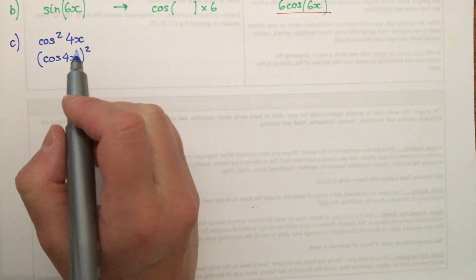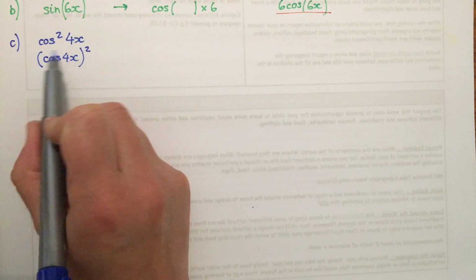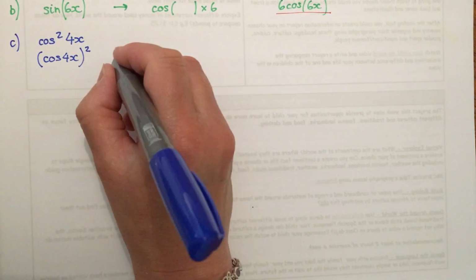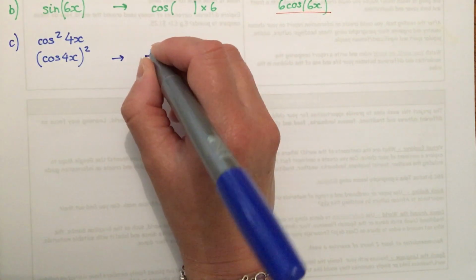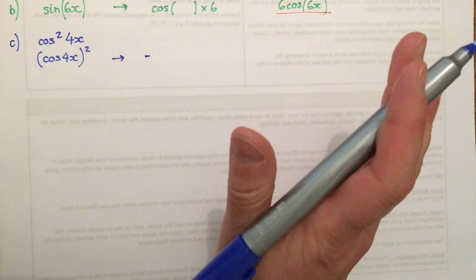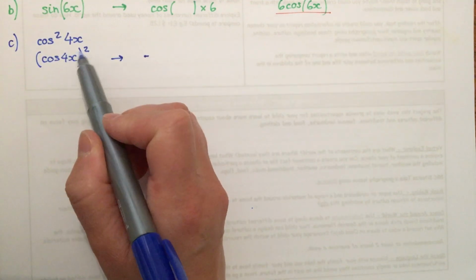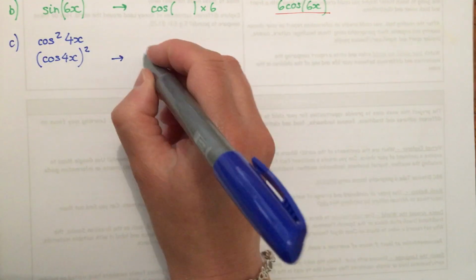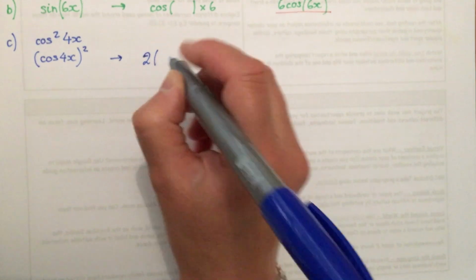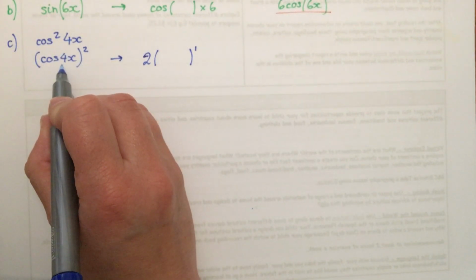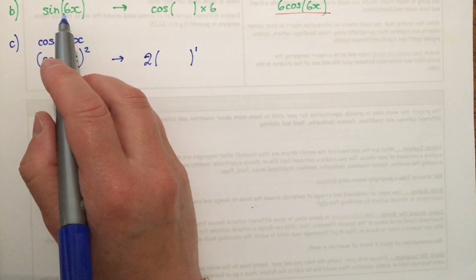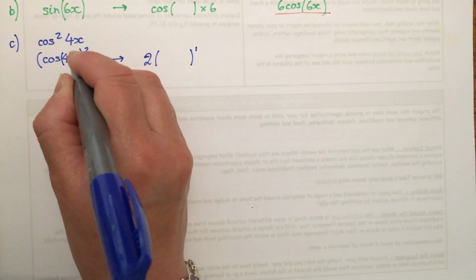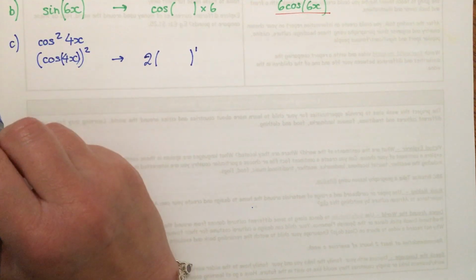So I've got something squared. If you differentiate something squared, you get 2 somethings to the power of 1. But it's not a something, it's a cos 4x, so you also have to differentiate that using the chain rule just like you did above. So I'm going to be using the chain rule for this middle bit here as well.